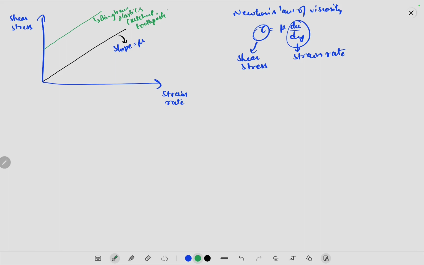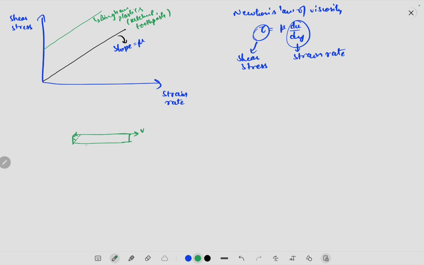So what happens for such Bingham plastics? Let's assume this is your Bingham plastic. Let's say this is V and the deformation is very small. This alpha is very, very small.